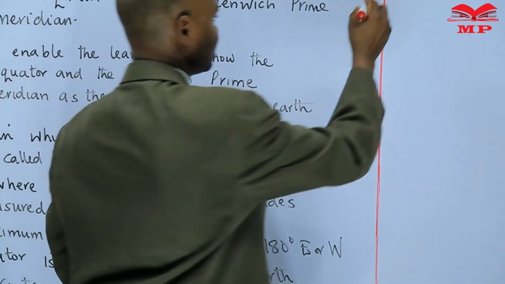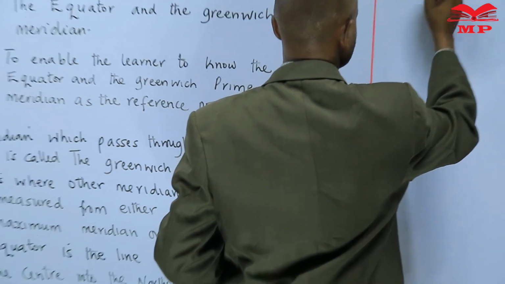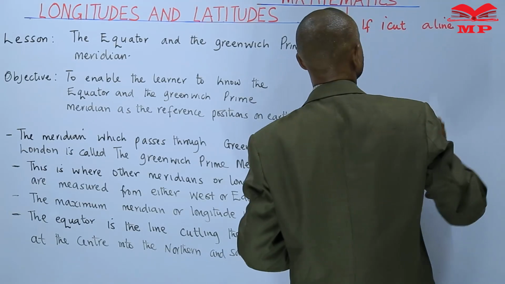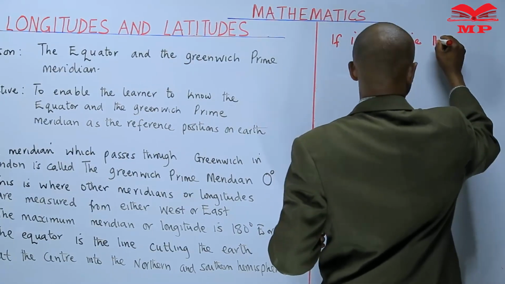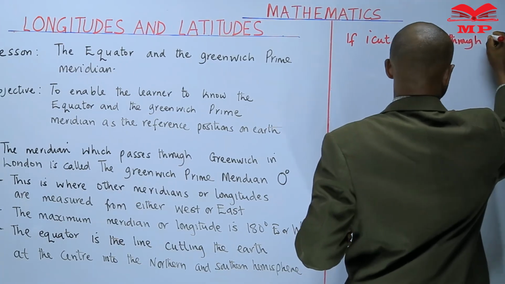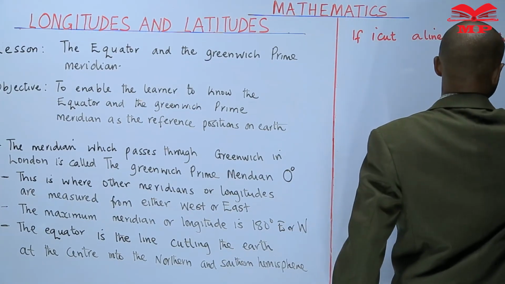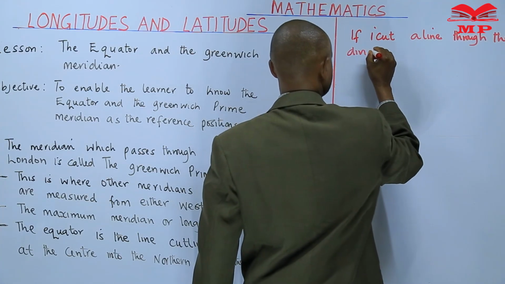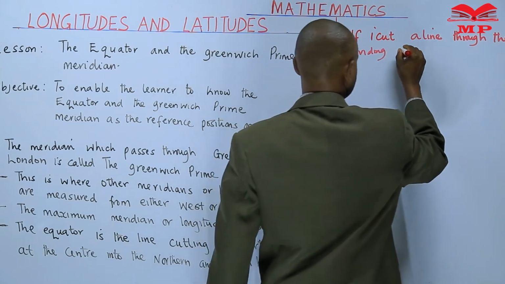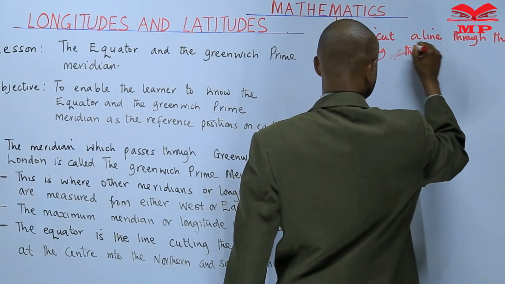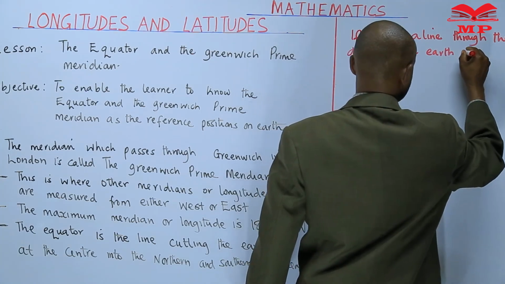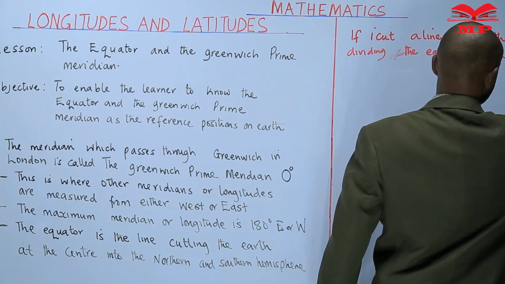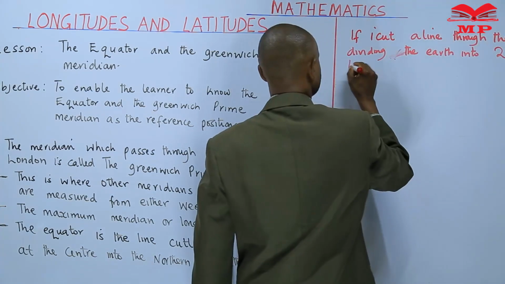If I cut a line through the equator, dividing the earth into two hemispheres, I get the plane below.